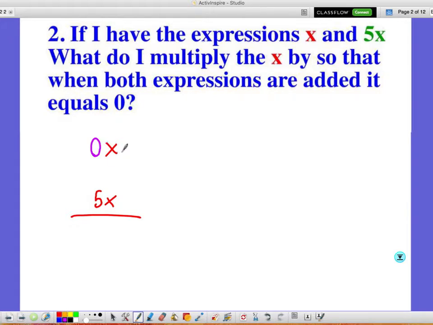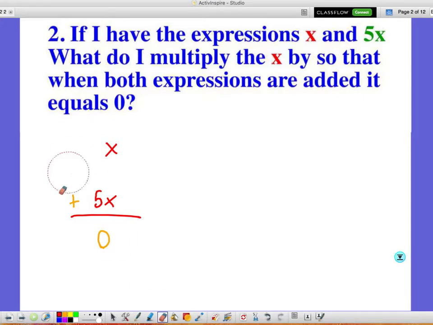Alright, so if I have 0x, well, that just becomes 0, plus 5x, that, when I add them together, gives me 5x. So it actually doesn't give me 0. The correct answer here is to multiply by negative 5. If I multiply by negative 5, I get negative 5x plus 5x, which gives me 0.